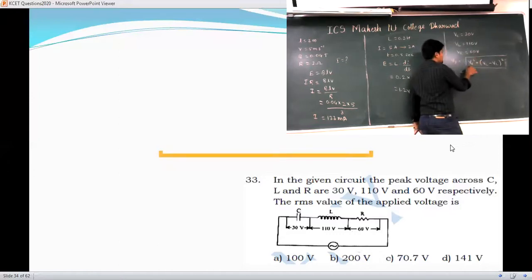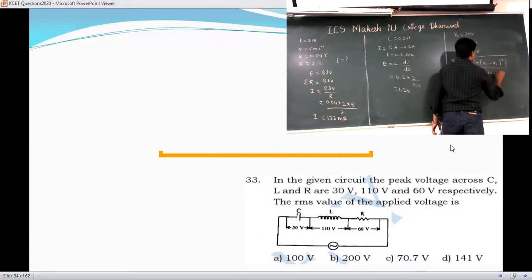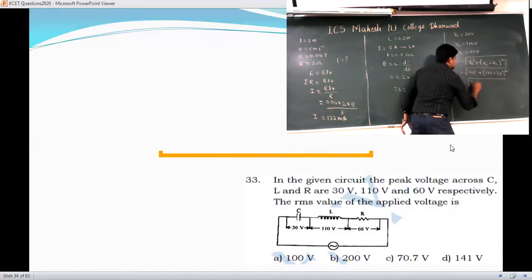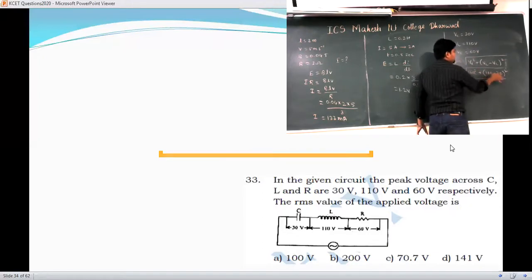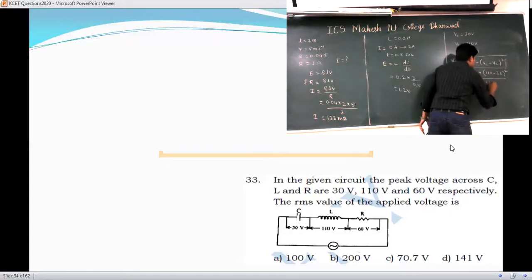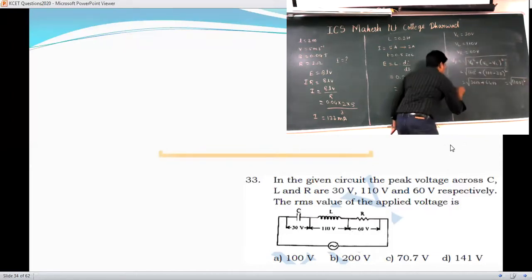So it is 60 square, plus VL 110 minus 30 whole square. Now it is root of 3600 plus 80 square, it is 6400. So it is a root of 10,000, which I can write as 100 square. So VP is equal to 100 volt.